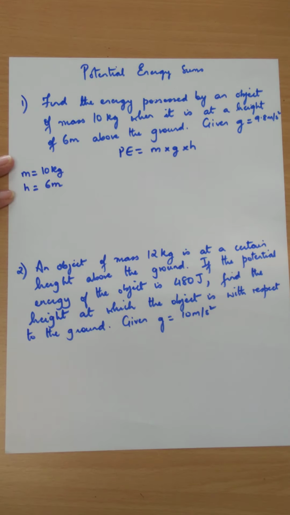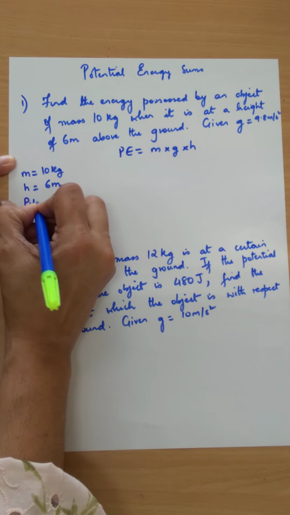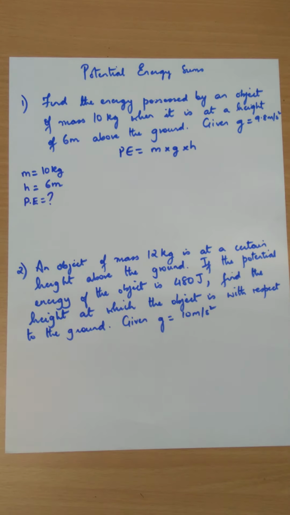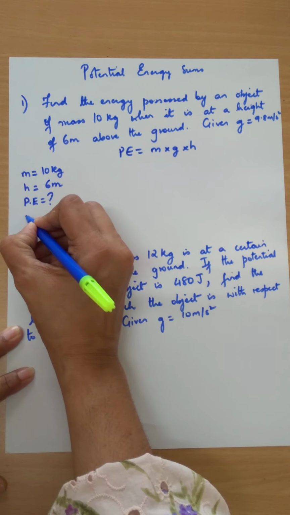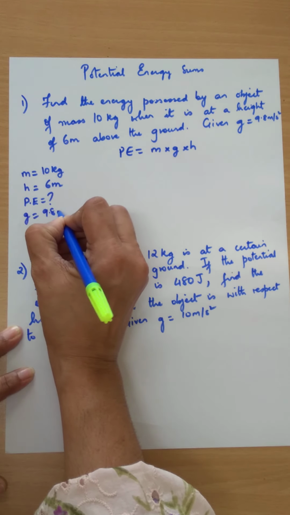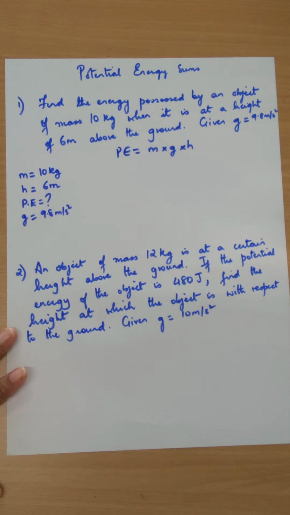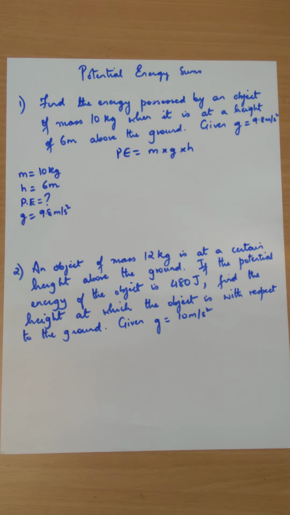So when you lift an object to a certain height, because of that position, it possesses potential energy. So they are asking you to find out the potential energy of the object. And they have given here that small g is equal to 9.8 meter per second square. If they do not tell you the value of small g, then you have to take it as 9.8 meter per second square. Okay? If they don't mention.